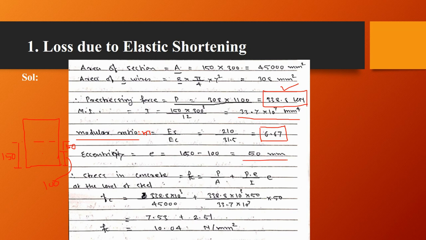Now we know that the stress in concrete, fc, will be equal to, you just have to use the stress concept here: P by A plus the stress due to eccentricity. The total amount of stress which is going to apply, the direct stress due to the tendon and the stress due to the eccentricity of the tendon, we have to calculate.